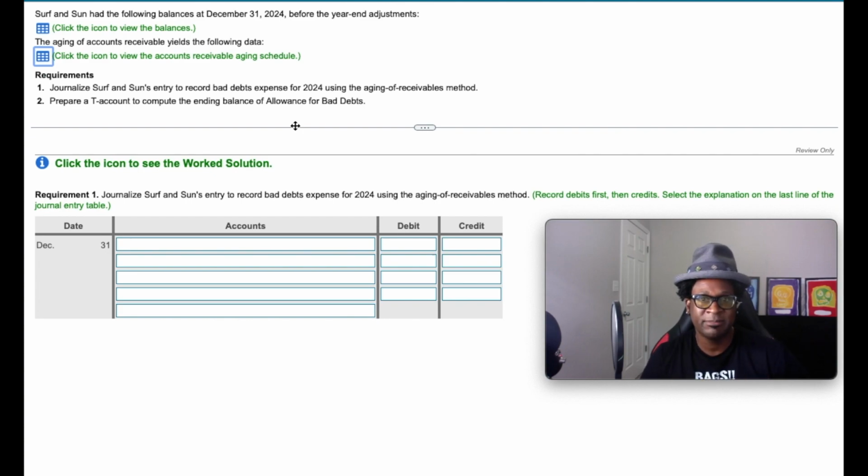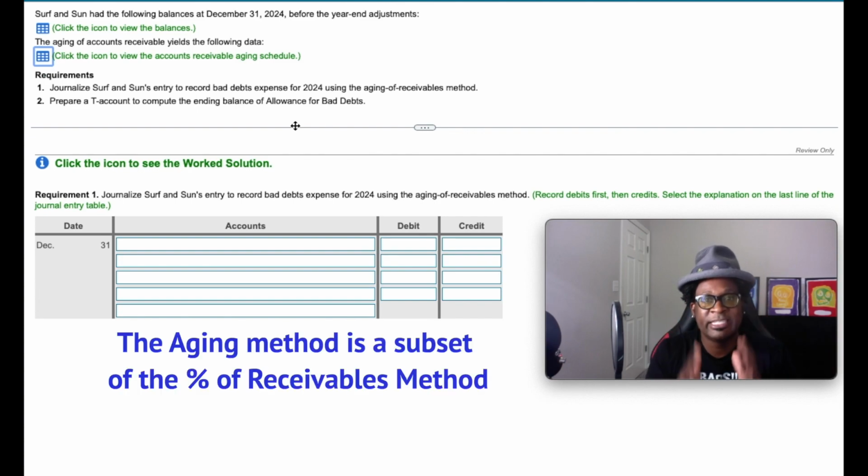Now, in terms of estimating, there are two ways: the percentage of sales and the percentage of receivables. This problem deals with an aging table, which happens to be a subset of the percentage of receivables, which means we have to follow those particular rules.